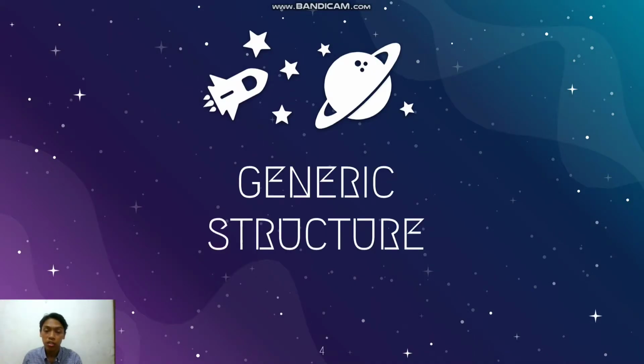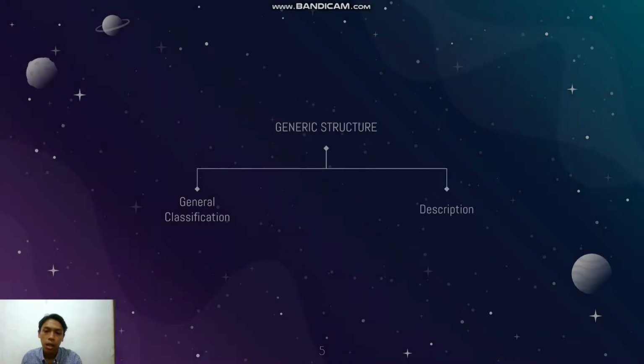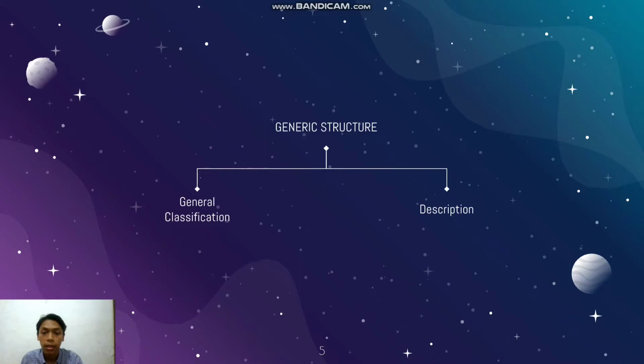Okay, next we are going to talk about the generic structure. What do you think about it? Report text has two generic structures. The first is general classification, and the second is description.